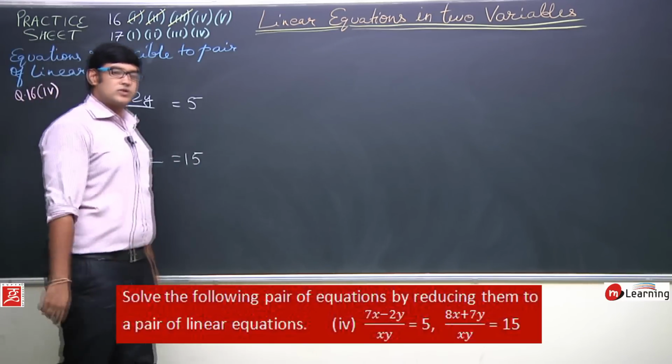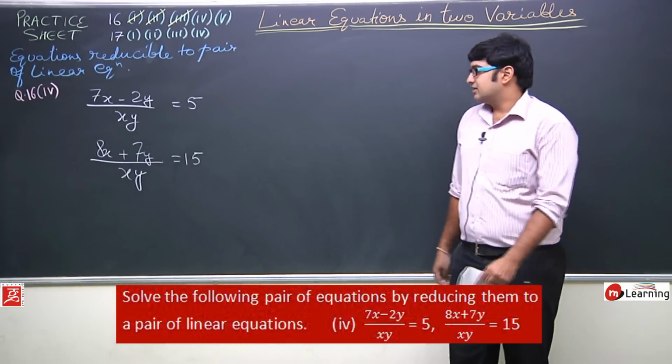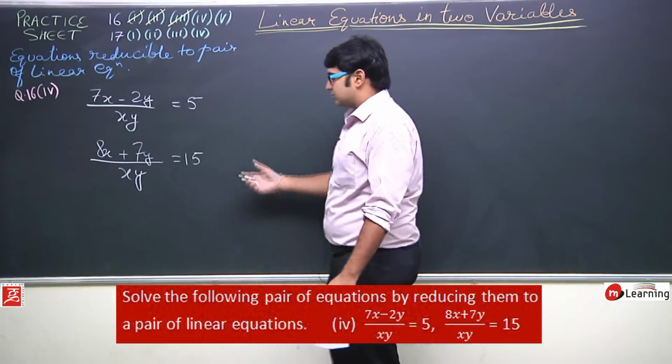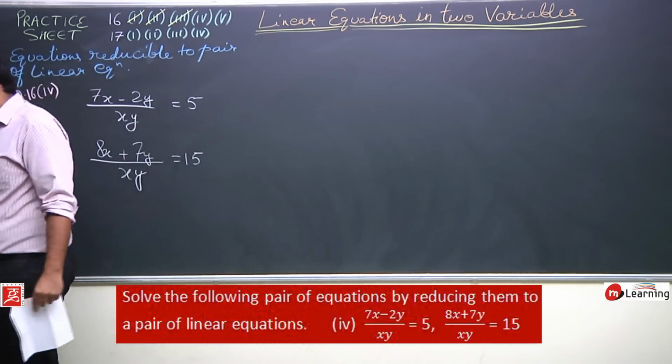So 7x minus 2y upon xy is equals to 5 and 8x plus 7y upon xy is equals to 15.